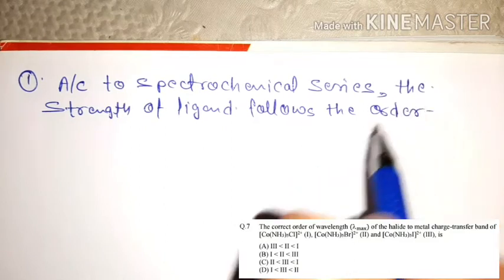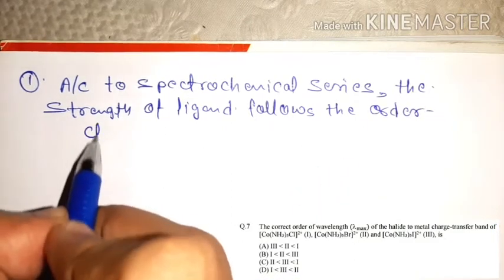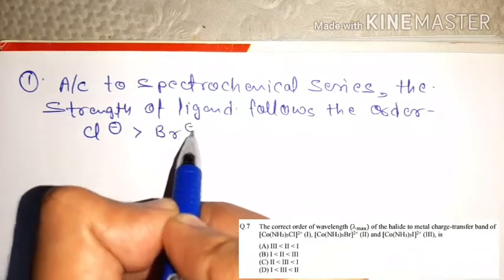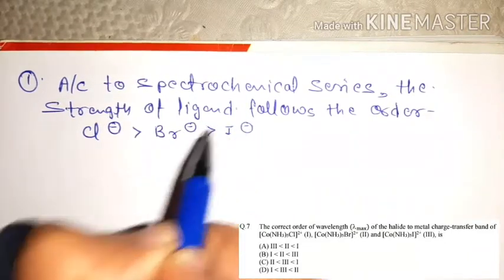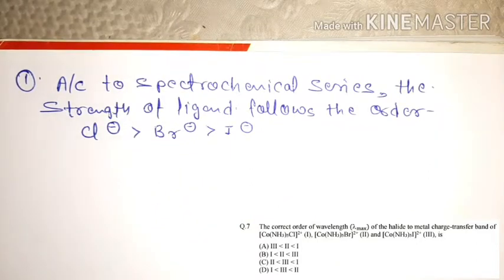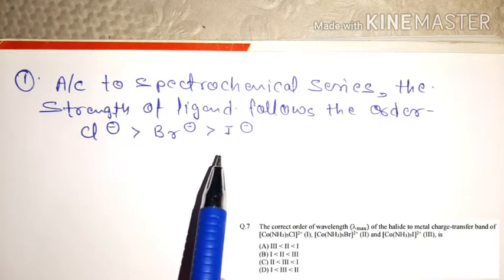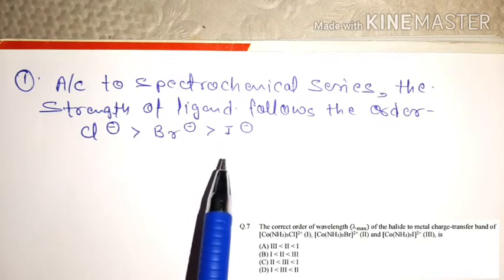So what is the order? Cl minus is greater than Br minus, which is greater than I minus. Okay, so this is the ligand field strength order of these ligands, that is chlorine is stronger than bromine and bromine is stronger than iodine.